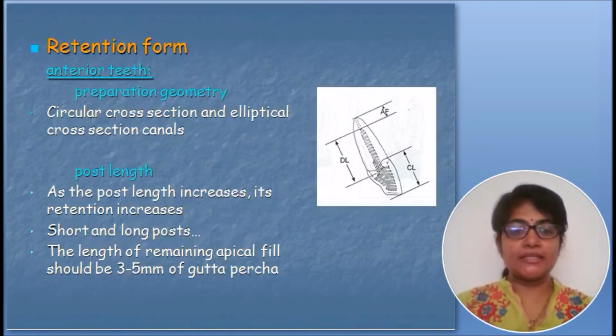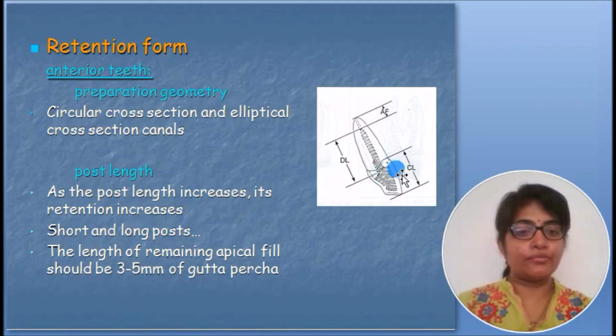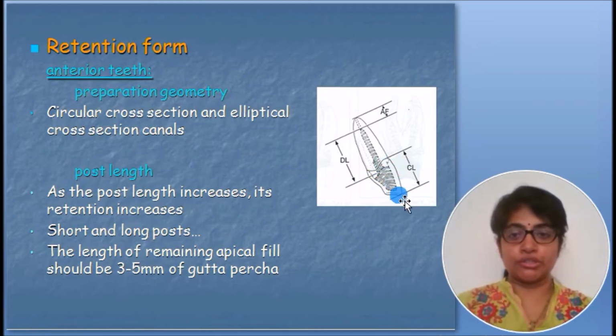So you can see in this picture that this is a clinical crown. Above the cemento-enamel junction there is 2 mm of clinical crown, and then we fabricate a post and core restoration.